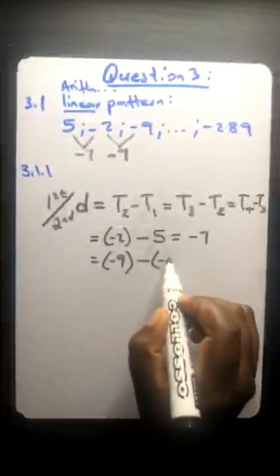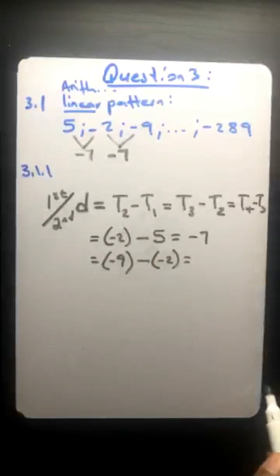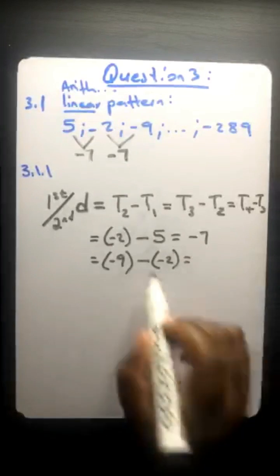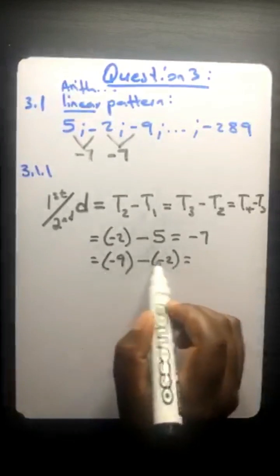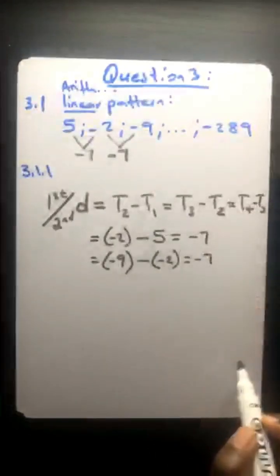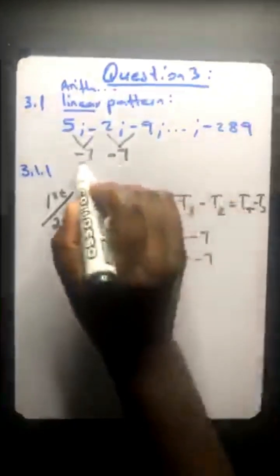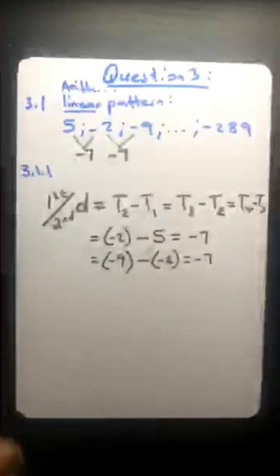Also, can you see -2? It's a negative value, so put it inside the brackets. Then it makes it more like -9 plus 2, which makes it positive. Then it is -7. Okay, quickly, are you getting -7 when you calculate the difference there?